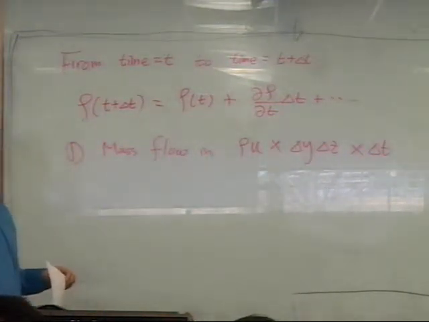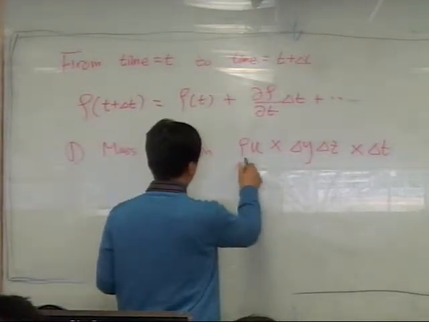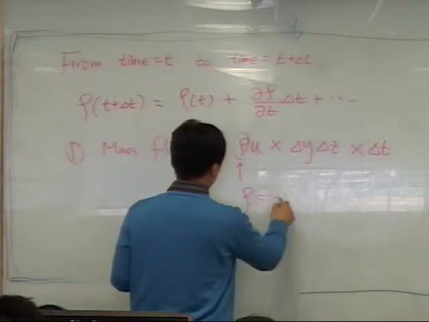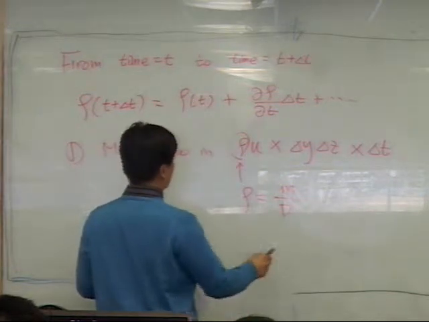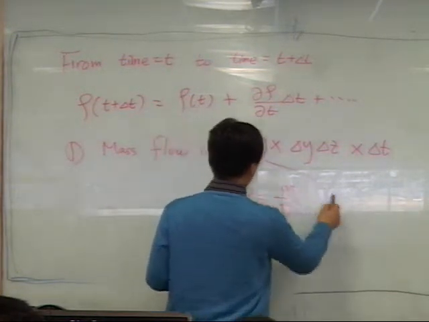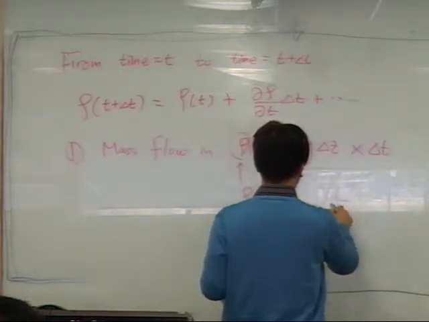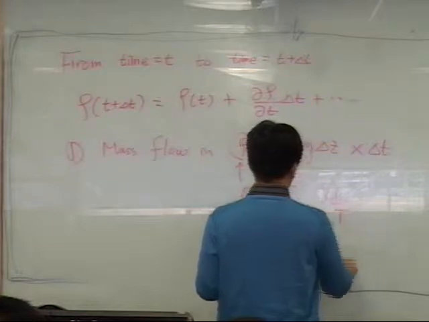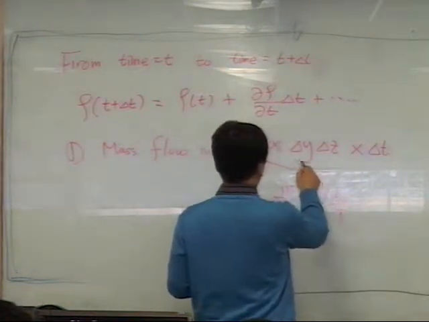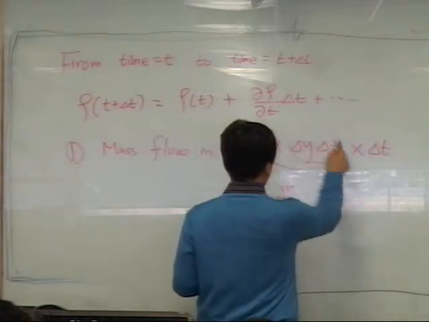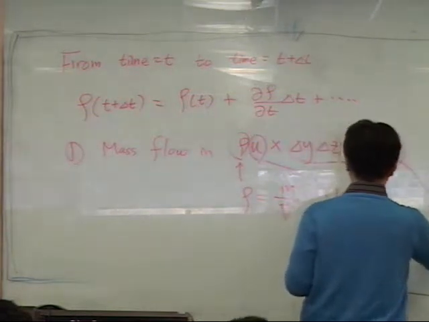Why is this going to be a mass? Rho is a density. It's m over volume. And u equals L over t, time, right? Then this is going to be L squared, this is going to be t.